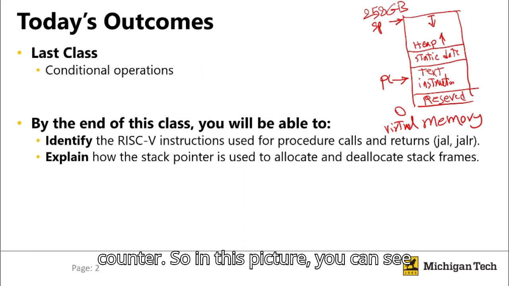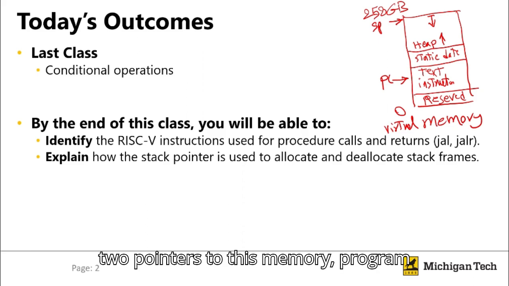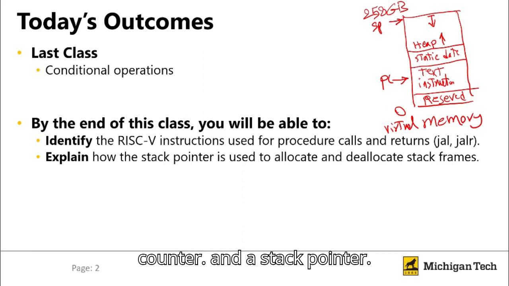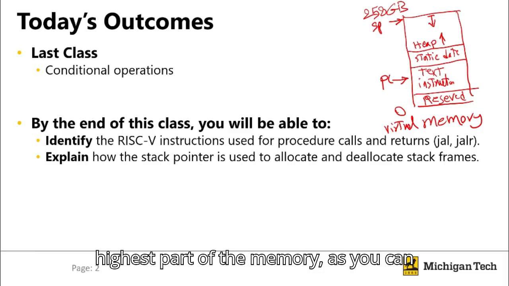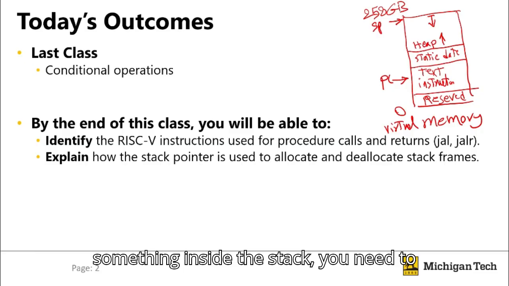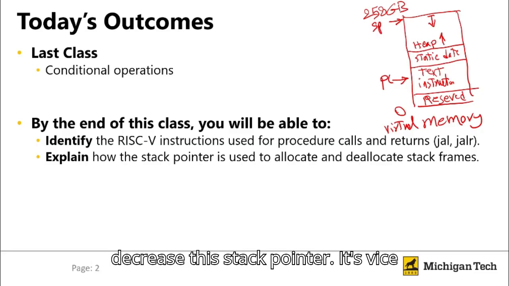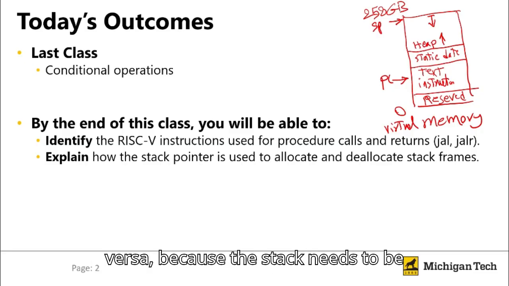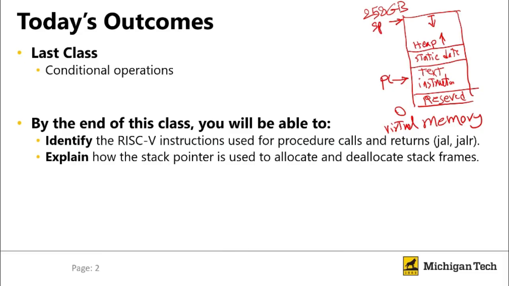So in this picture, you can see two pointers to this memory, program counter and stack pointer. The stack pointer specifies the highest part of the memory, and when you want to put something inside the stack, you need to decrease this stack pointer. It is vice versa.